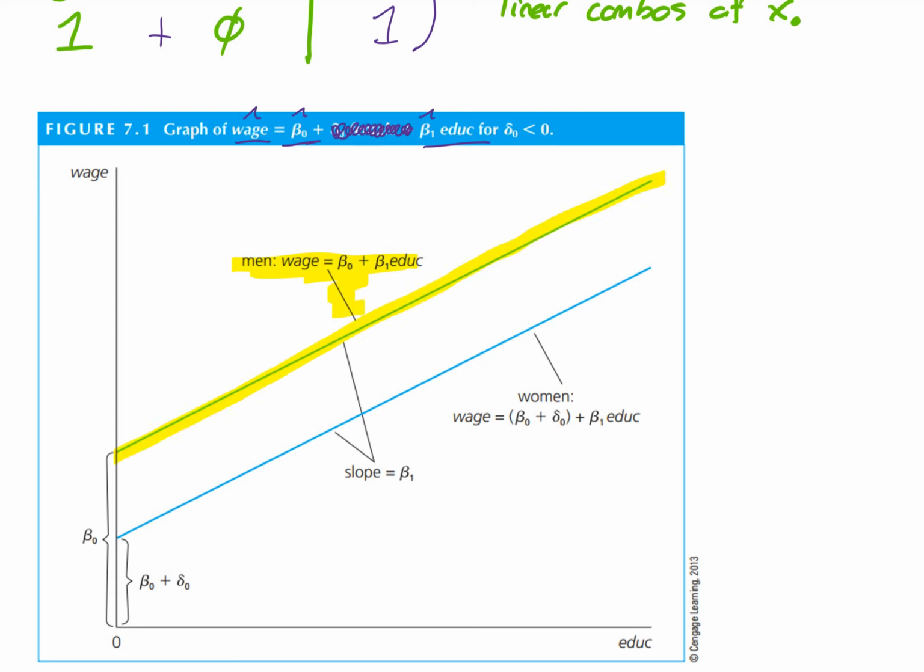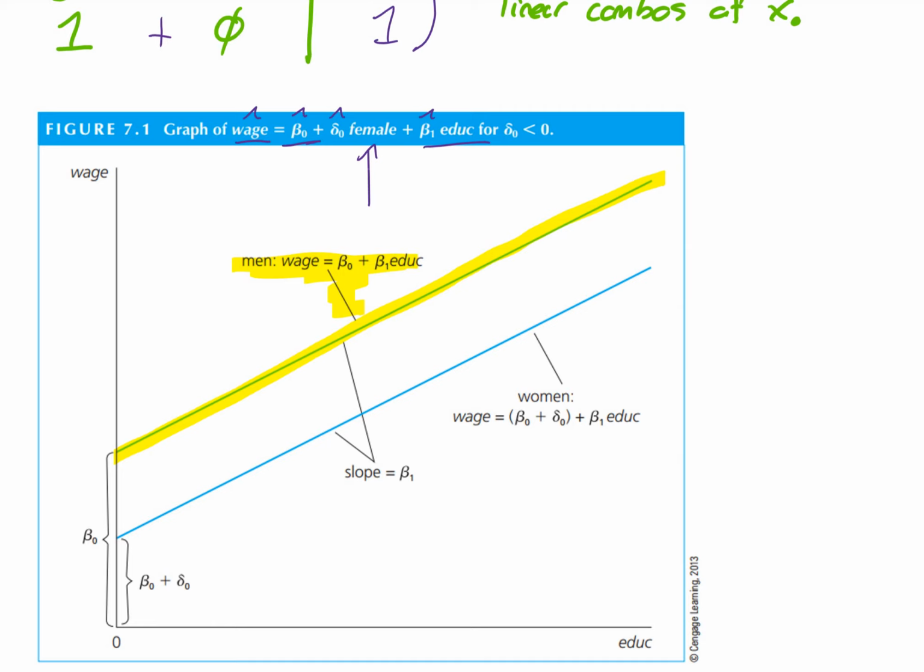Okay, but now let's assume that instead of looking for the effect for men, we're looking at the effect for women. So now this female variable is going to be equal to 1 all the time.